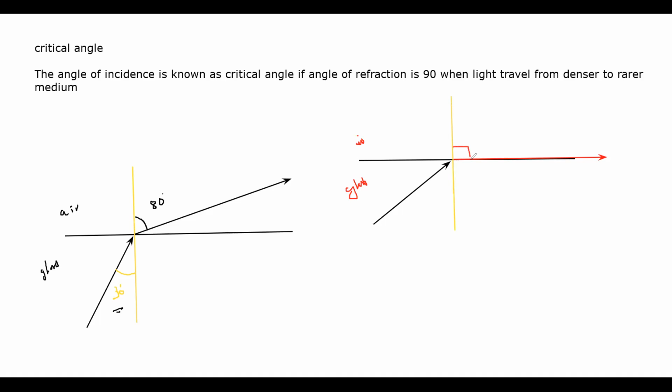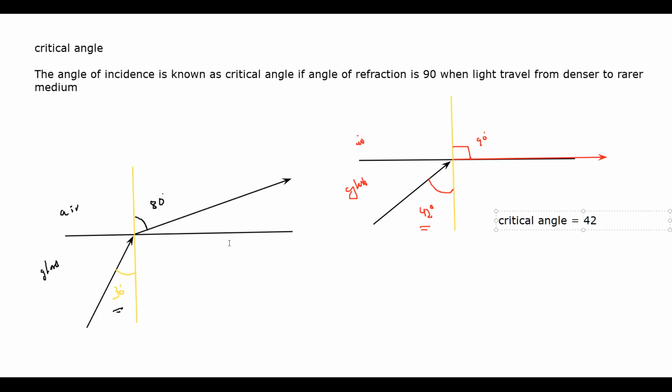The angle of refraction is 90, because the angle is always measured from the normal. This 90 is not known as the critical angle. The angle of incidence, for example if the angle of incidence was 42 and the angle of refraction is 90, what is the critical angle? The critical angle is 42. Don't say critical angle 90, because critical angle means the angle of incidence, not the angle of refraction.